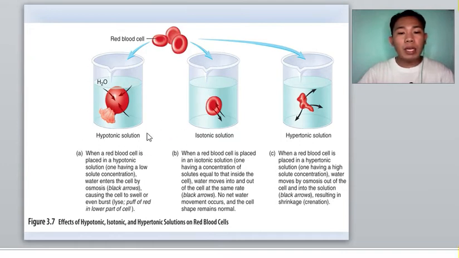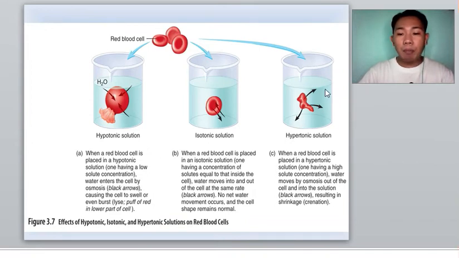In hypotonic solution, when a red blood cell is placed, the one with a low solute concentration, water will enter the cell by osmosis, causing, of course, the cell to swell or even burst later on.